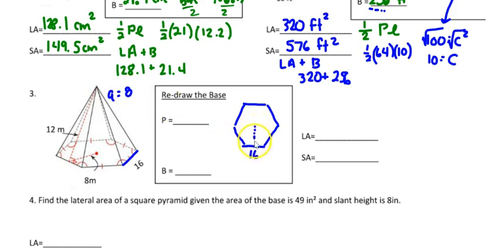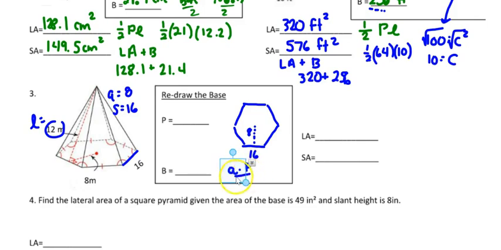We're going to need to know that. Our side length is a 16. And our slant height is a 12. So this is our slant height this time.